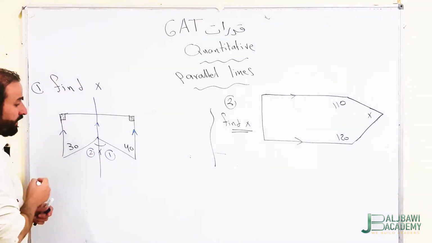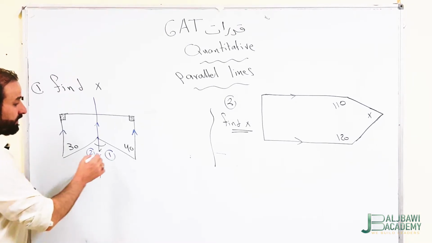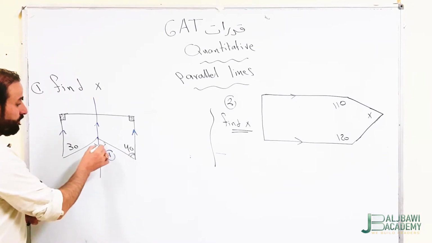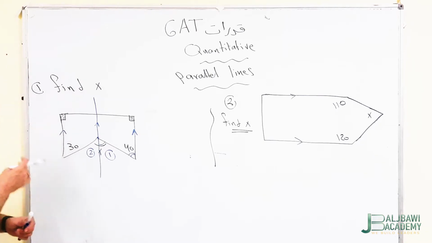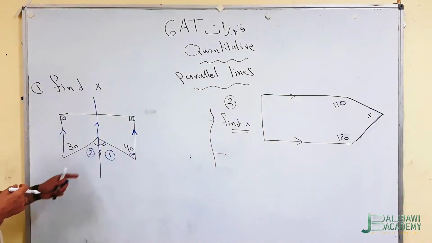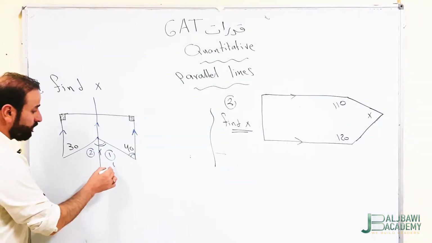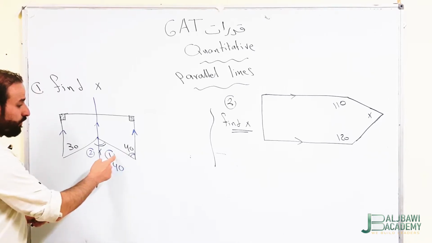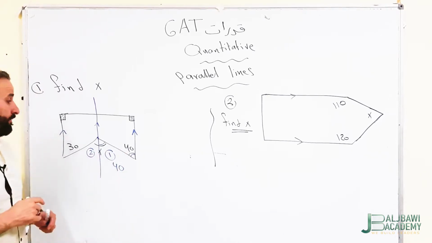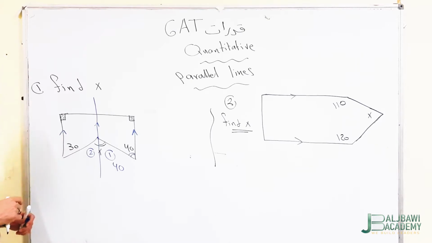Now this part, which is x1, is equal to 40 because of alternate interior angles. So this angle x1 will be 40. It's congruent to this angle because of interior alternate. And this angle, which is 2, will be equal to 30 because it is alternate interior with 30.